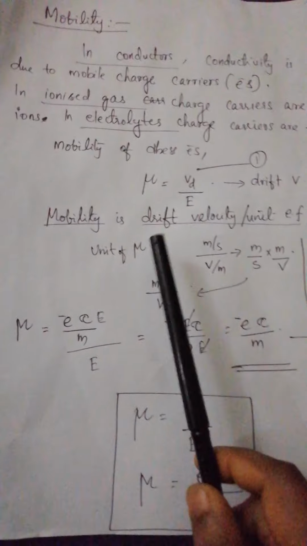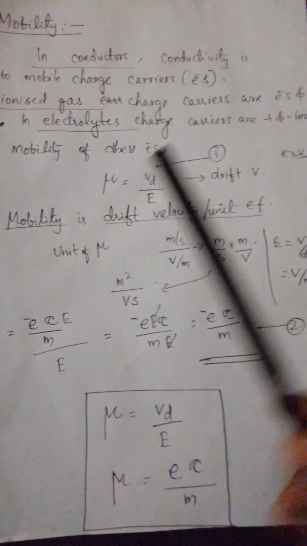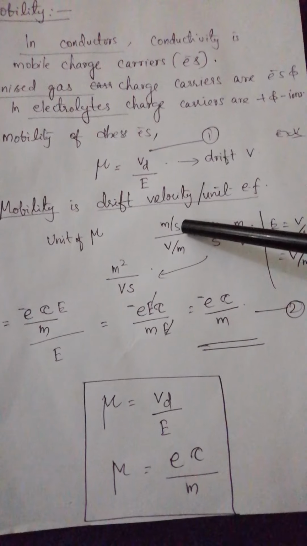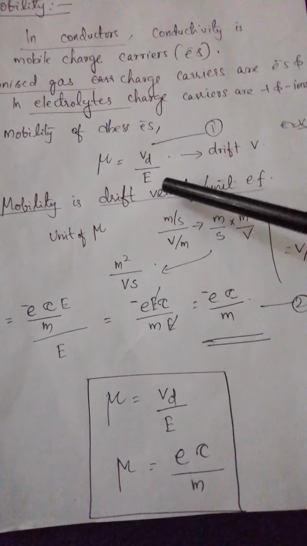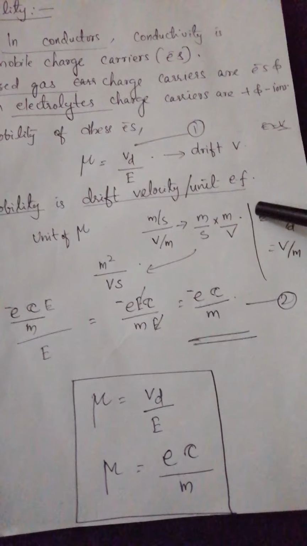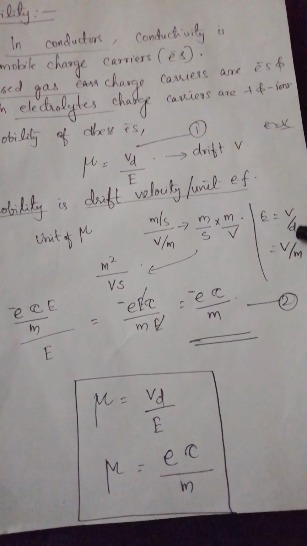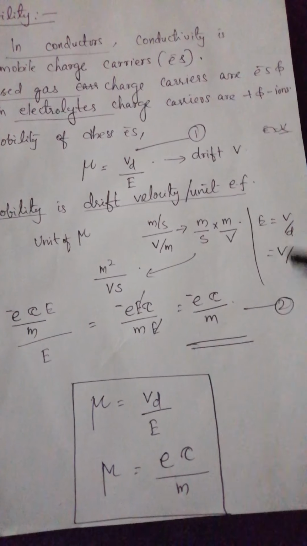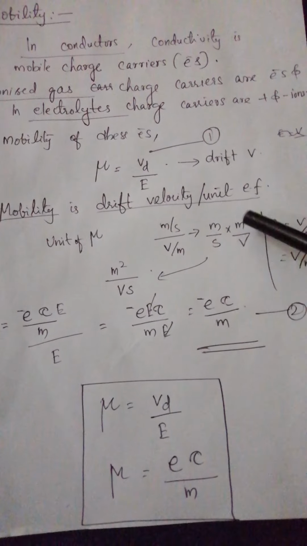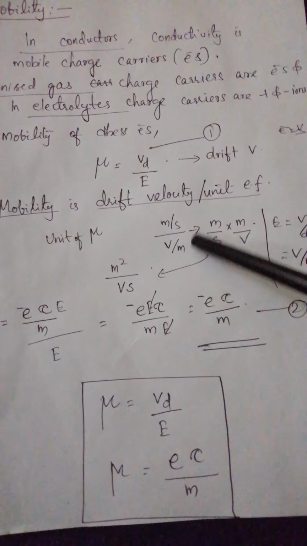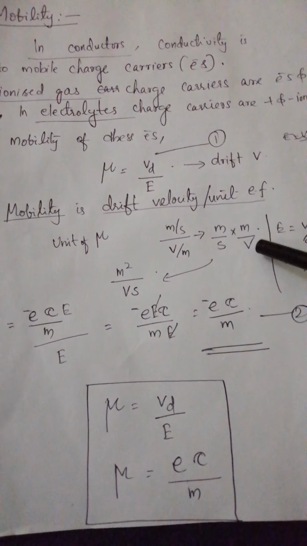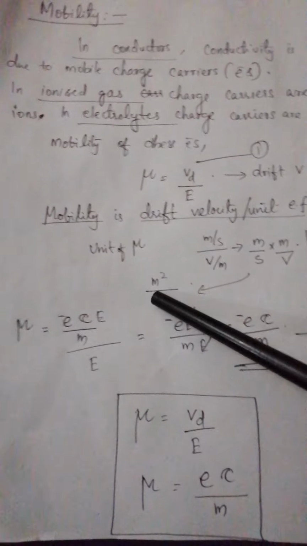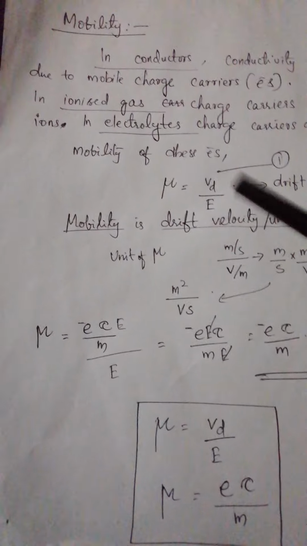And let us find out the unit of mu. Vd is velocity, the unit is meter per second. The unit of electric field is volt per distance, distance is meter, so volt per meter. So meter per second into meter per volt, so it is meter square per volt second. This is the unit of mu.